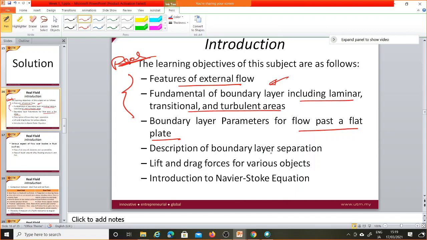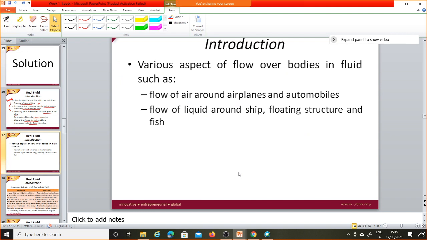Description of the boundary layer separation, how the boundary layer is separated, lift and drag force, and the Navier-Stokes equation. These things I will explain one by one. And then the last one is the various aspects of flow around bodies, like flow around a circular cylinder or half cylinder or a sphere, those types of things. So these are again the contents.